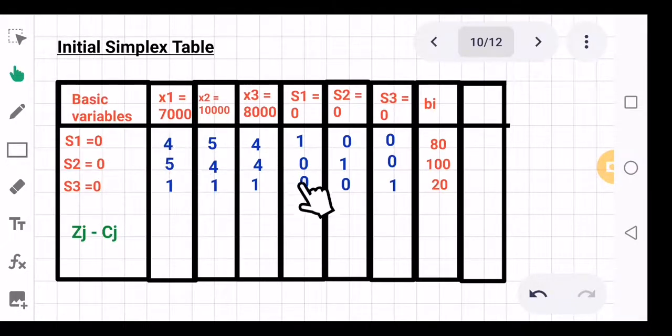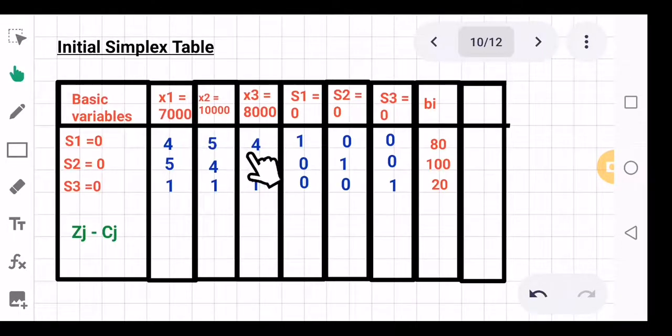Zj value for this. What is Zj value for this? Here the cell value is 0. This 0 multiplied by 0 will give you 0. So Zj value is 0. Zj value for 5 is equal to 5 into 0, that is 0.